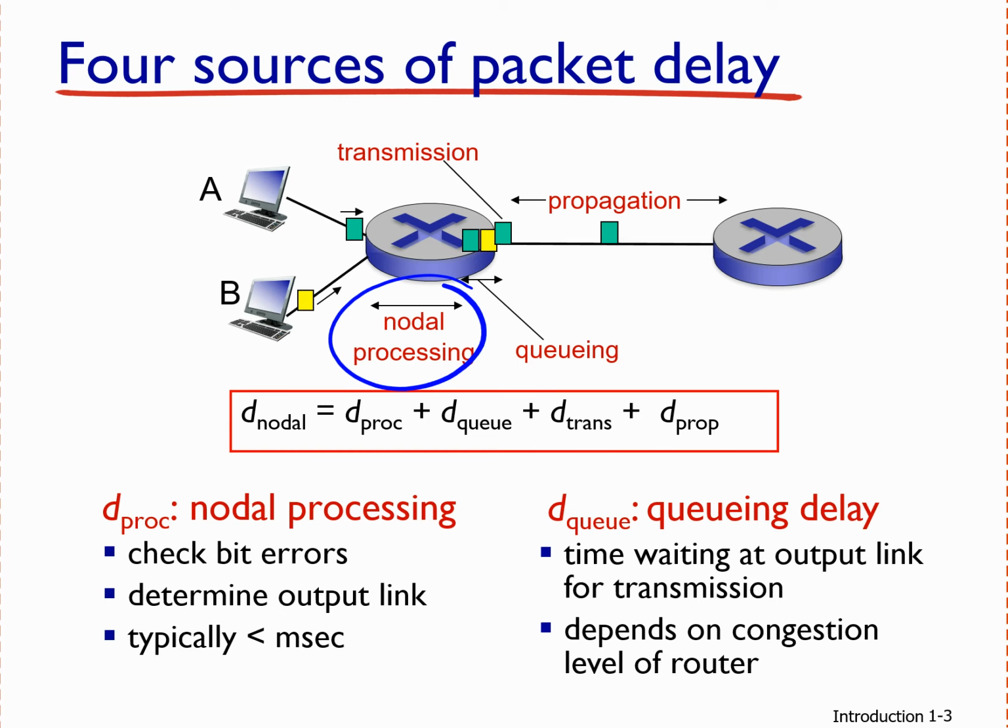The router has to figure out the destination of the packet and check if it has a direct connection to the destination. If yes, it will send the packet. Otherwise, it has to forward it to another router that will try to get it to the destination. All this will take time and will be referred to as a delay of the network. So this is our first delay, the nodal processing delay.